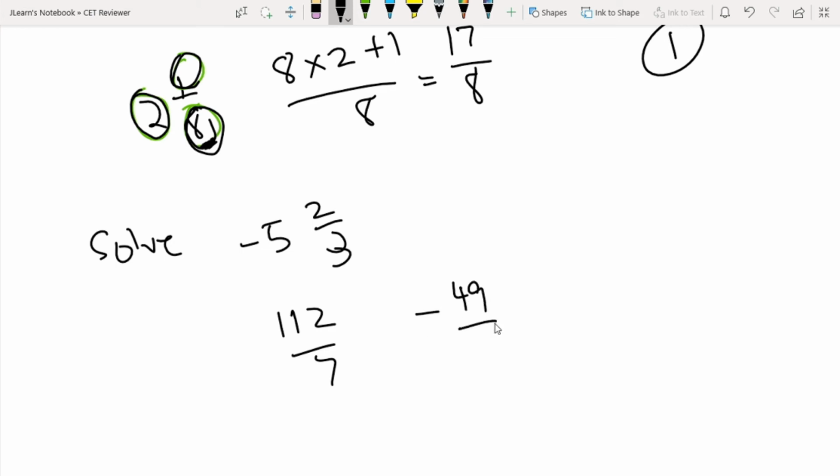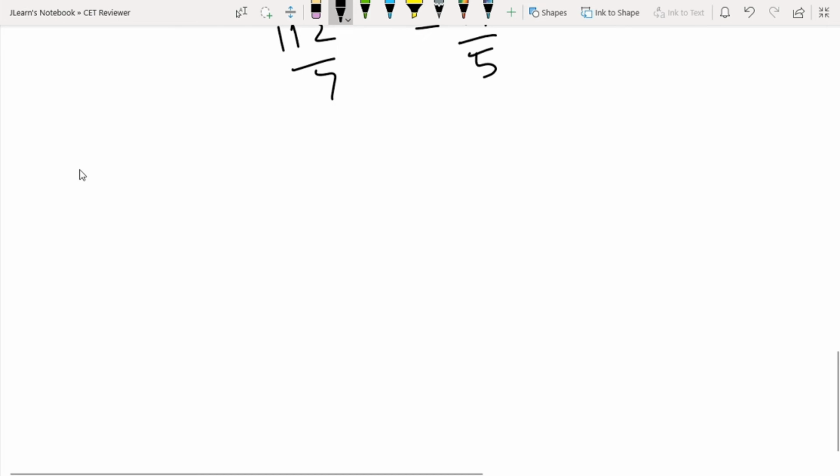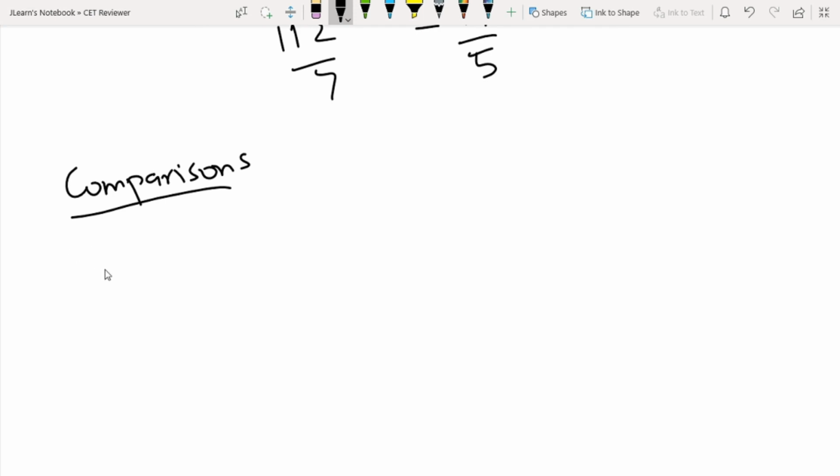So we also do comparisons, no, of fractions. No? So kunyari, we want to compare two fractions, whether fraction A is greater than fraction B, or fraction B is greater than fraction A, ganon.